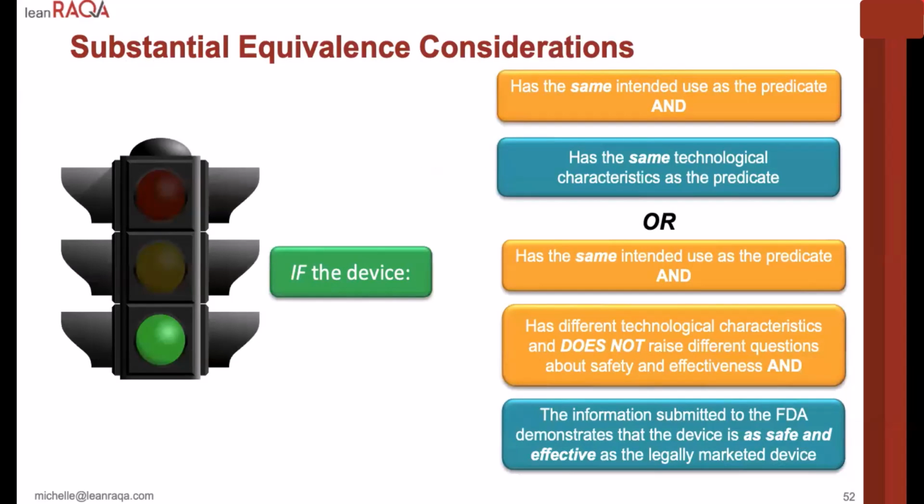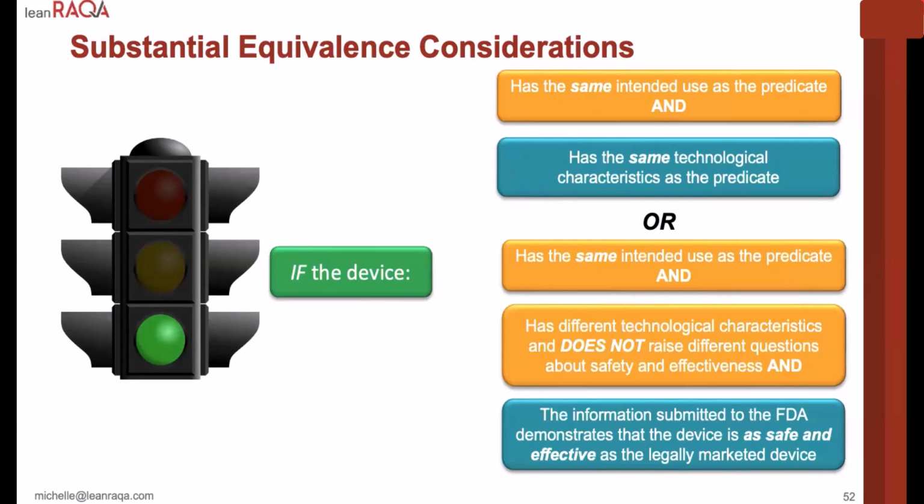So considerations for substantial equivalence is it has the same intended use as the predicate, and it has the same technological characteristics, or you can make an argument that it has the same intended use, but it has different technological characteristics, but it does not raise new questions of safety and efficacy because the information that you've submitted to the agency shows that it is as safe and effective as the legally marketed device or predicate that you're looking at.